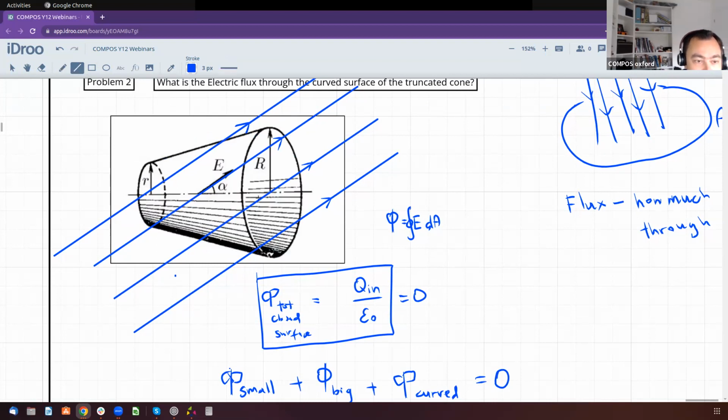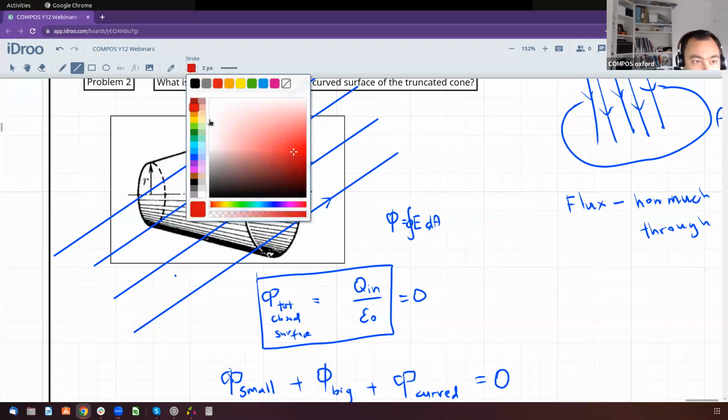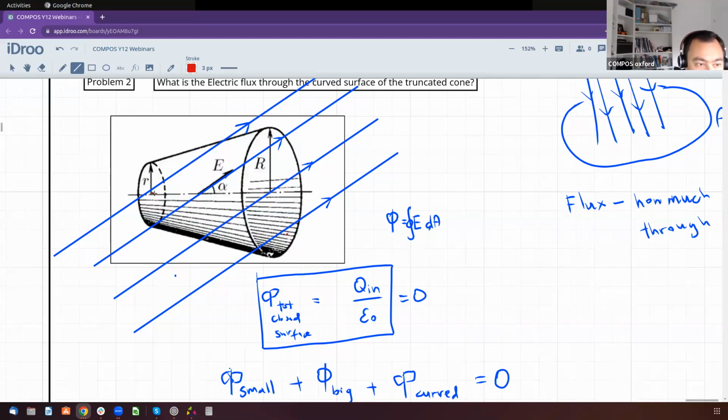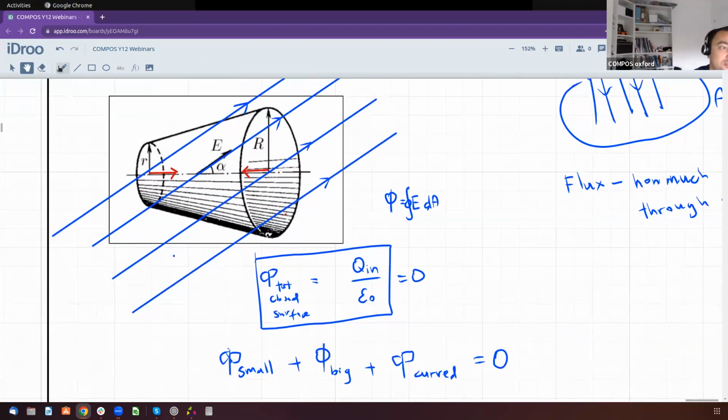Usually we choose a vector going inside, or into or out of: internal normal and external normal. So this is the area vector A1, and this is A2 vector. And the angle is alpha.